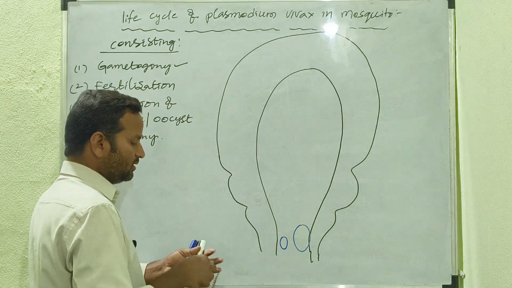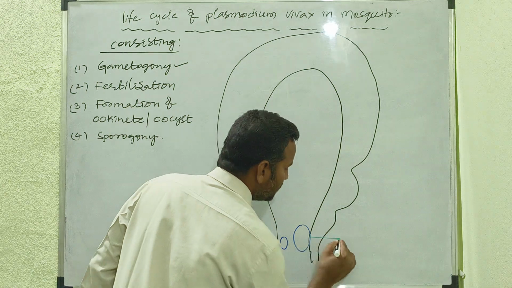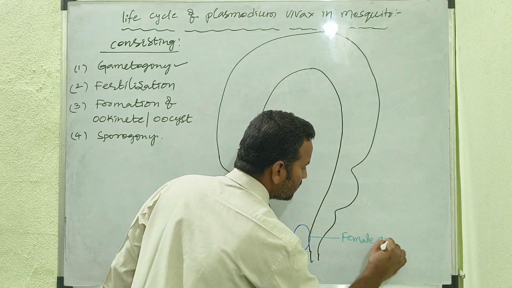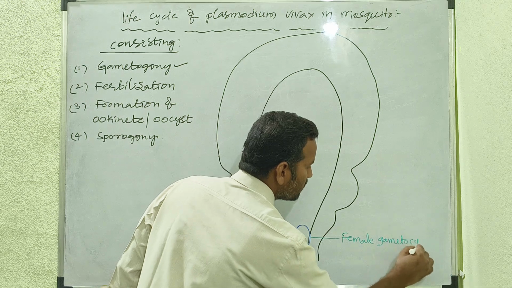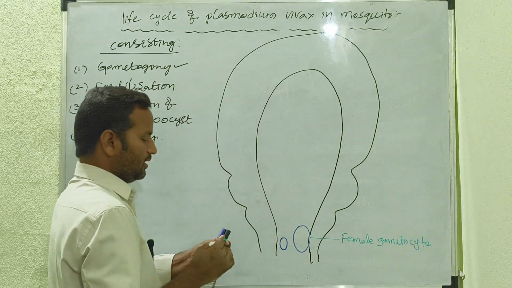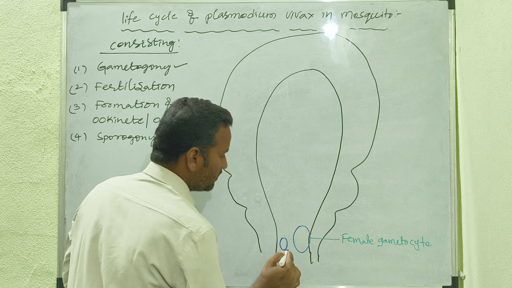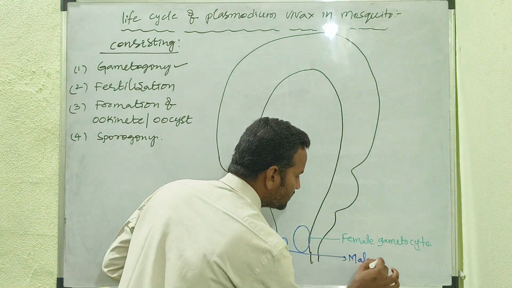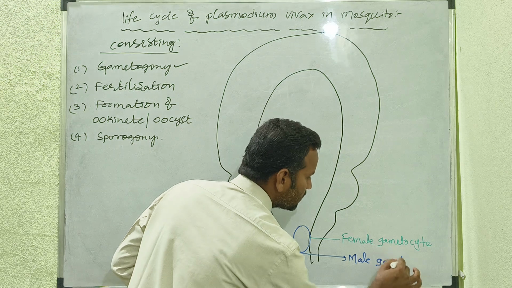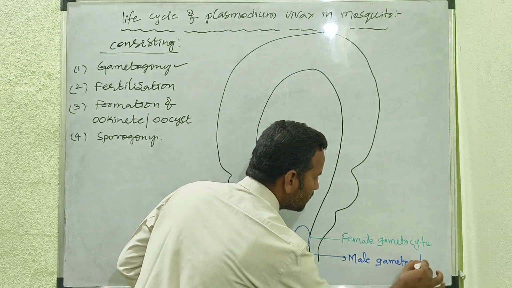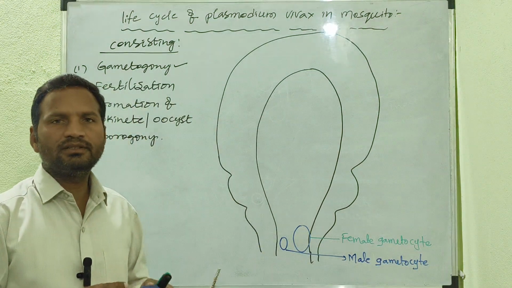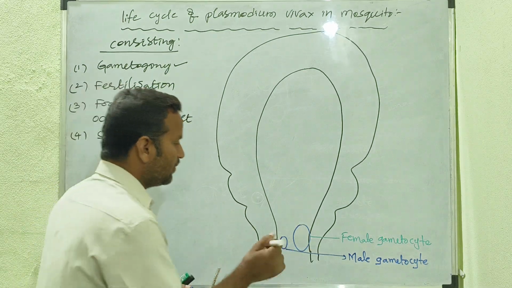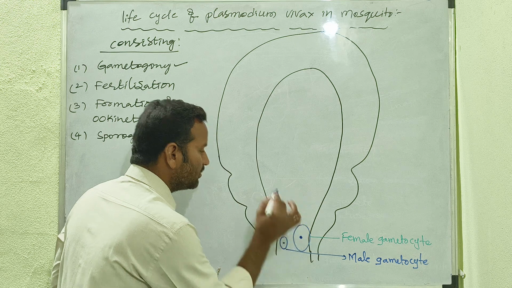For example, this one is the female gametocyte, and this one is the male gametocyte. Now let us see the formation of male gamete and female gamete.